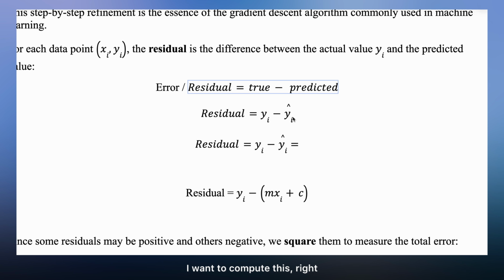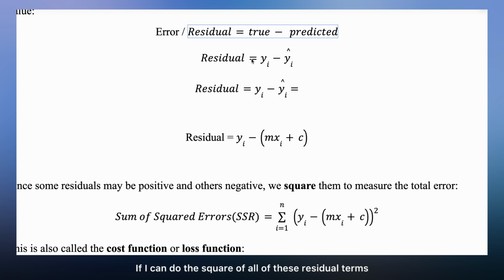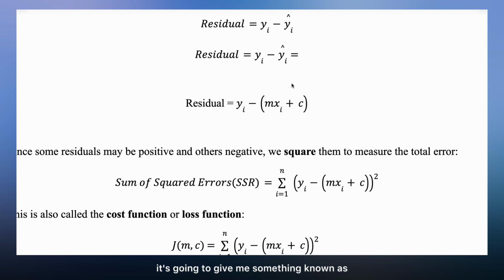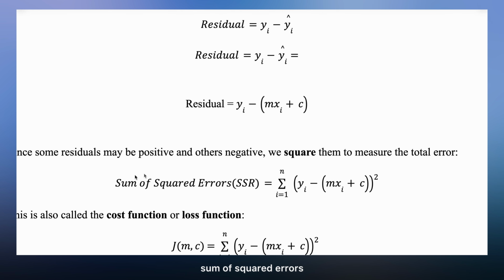If I take the square of all of these residuals, so that I only take the magnitude, so that the negative and positive don't cancel out each other, I either have to take a square or an absolute value. If I do the square of all of these residual terms and then a summation, it's going to give me something known as sum of squared errors, or sum of squared residuals.